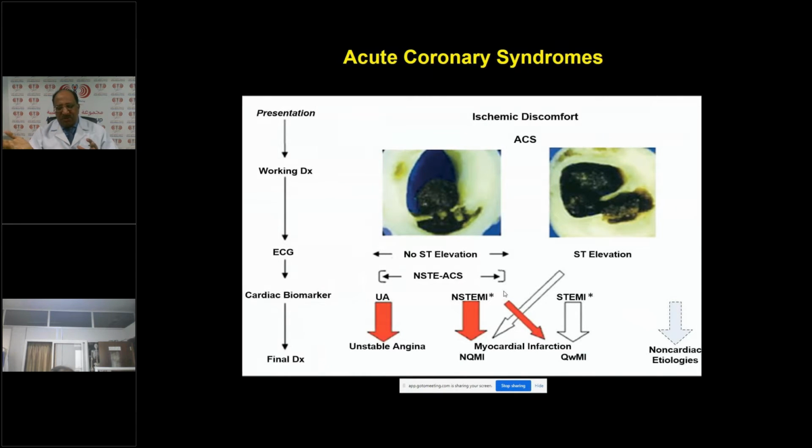And then the patient goes for an immediate reperfusion strategy. If there is no ST elevation, it is called non-ST elevation ACS. Now, the further classification into unstable angina or NSTEMI comes only after serial biomarkers are available. So the final diagnosis is only after the serial biomarkers.